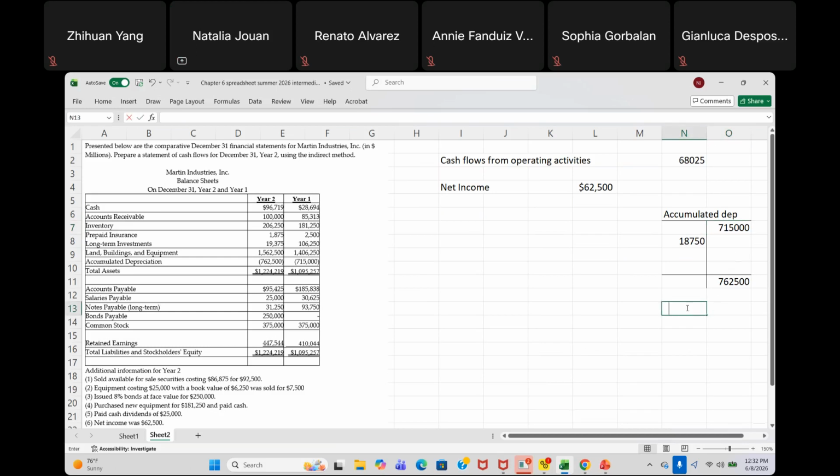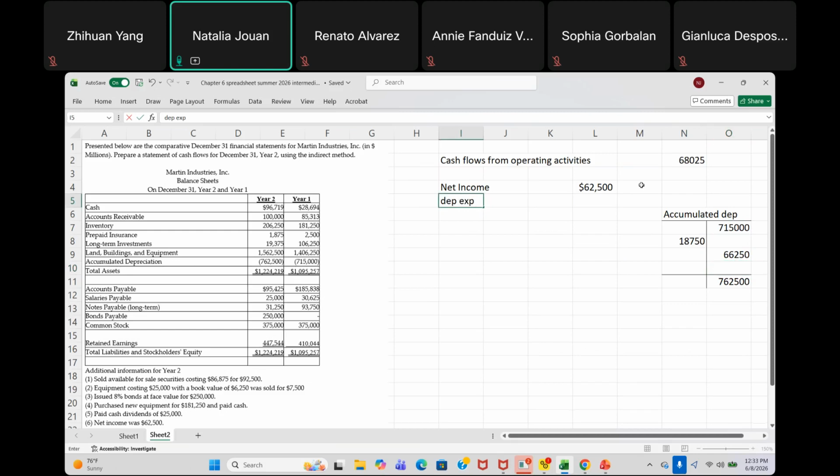So in that case, let's start with 762 plus the debit, minus the credit. That means that our depreciation expense for the year was 66,250.